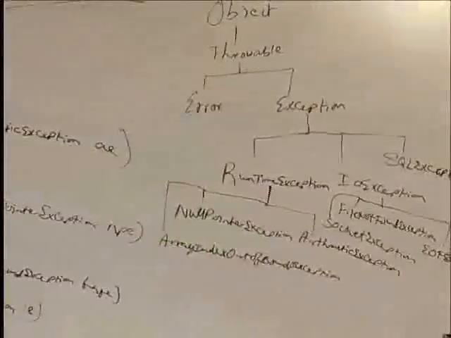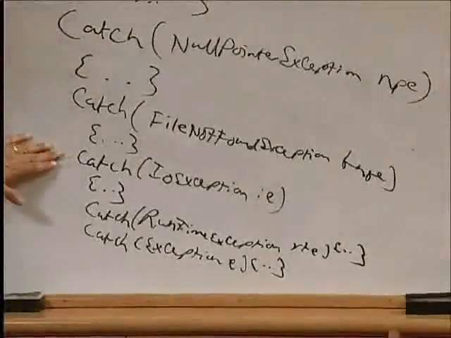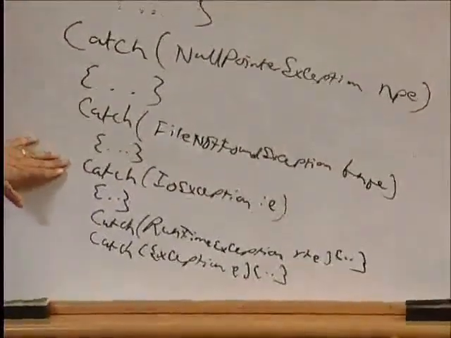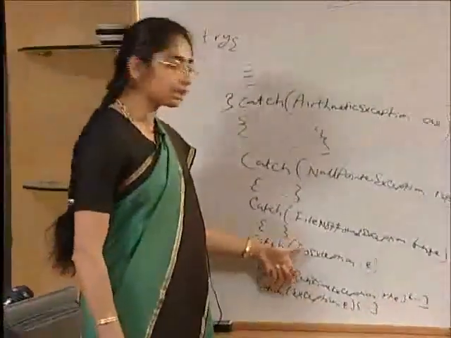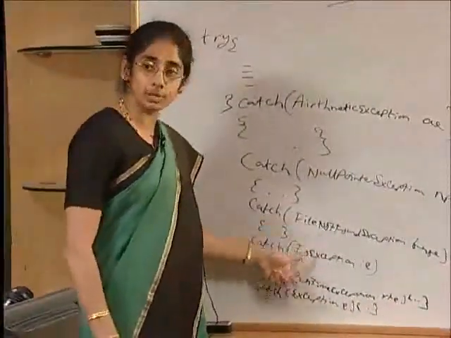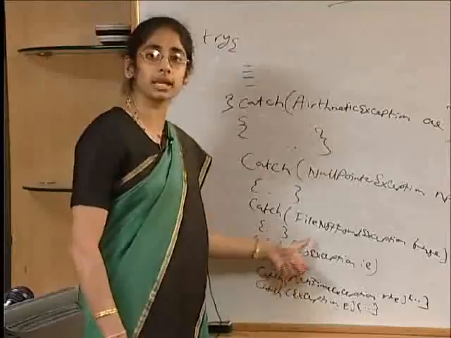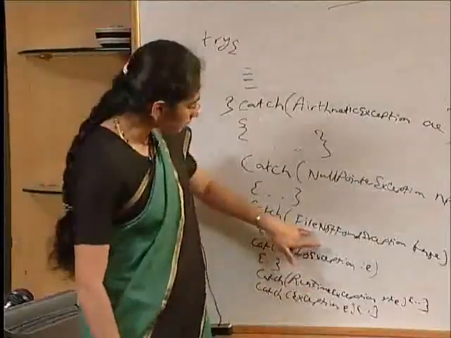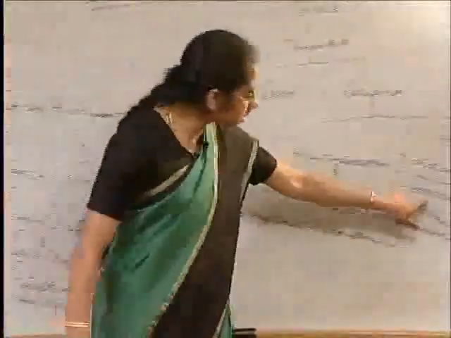So now coming back to a try having multiple catch blocks, when I specify multiple catch for a try, I have to take care that if there is a parent-child relationship between the exceptions in the catch blocks, like for example, file not found exception is a child class of IO exception.